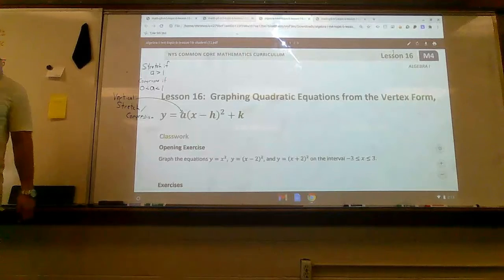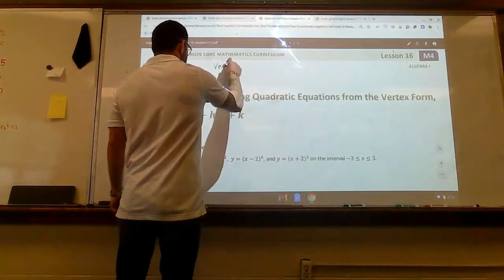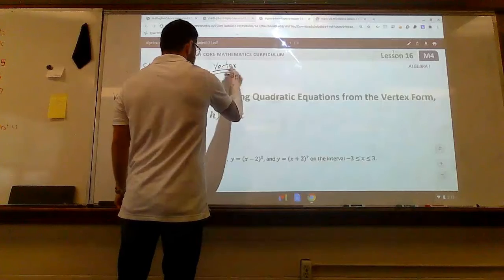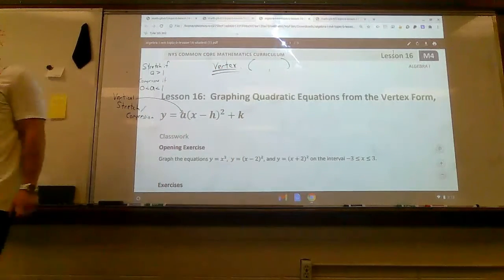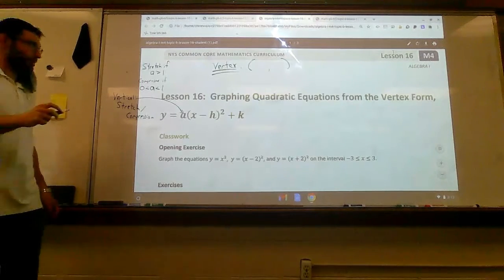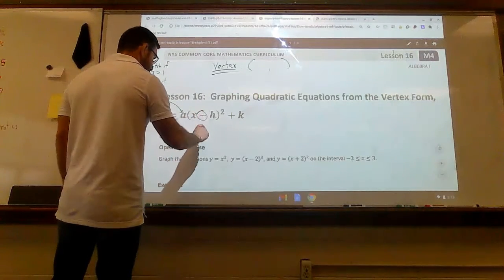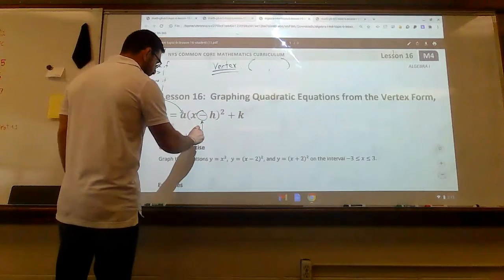The other transformation is based off of the vertex. And this is the key to vertex form. The first thing that I want you to understand is this sign here. No matter what that sign is, it means the opposite of.